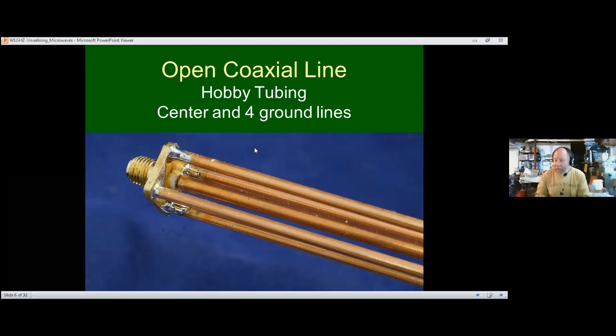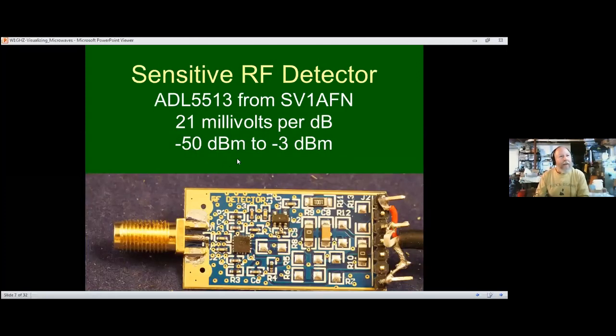The other thing we need is this sensitive RF detector. I found this little PC board from SV1AFN, who has some neat stuff for very good prices.